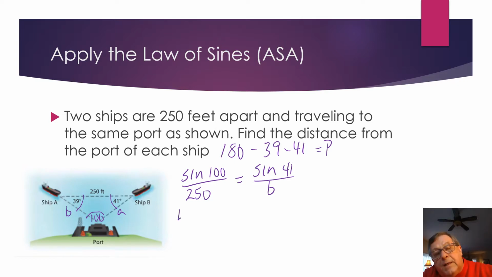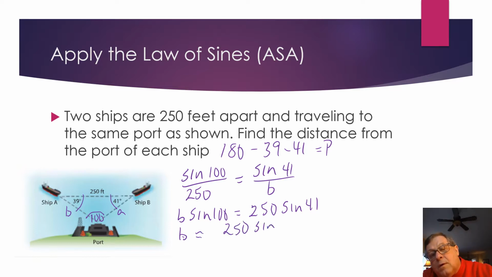So B times the sine of 100 is equal to 250 times the sine of 41, and B is then approximately equal to 250 sine 41 divided by sine 100. And this is measured in feet.